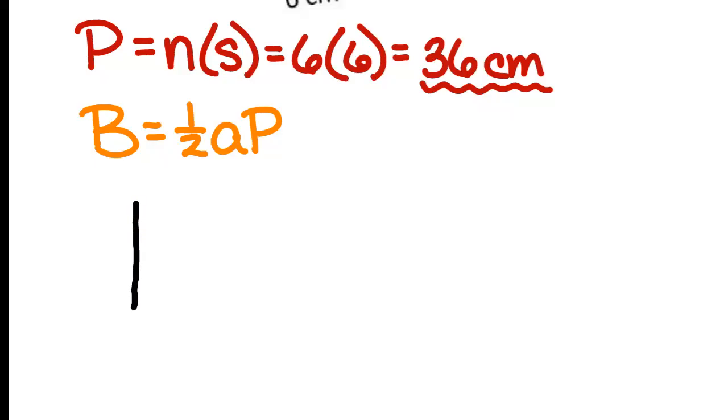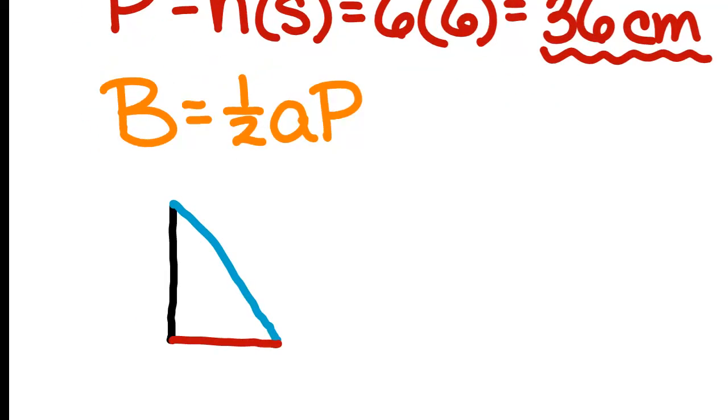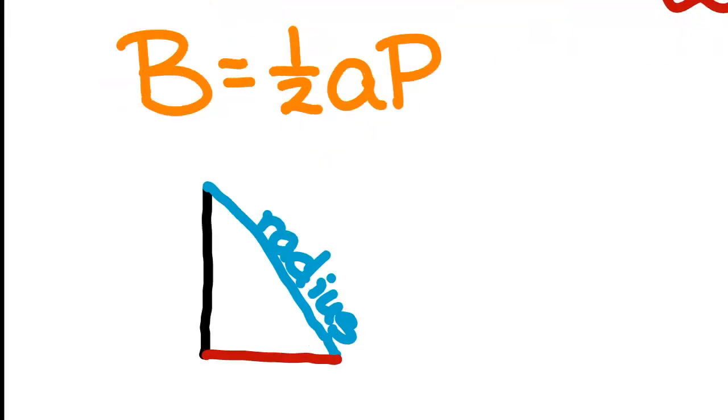So I have this, and this, and this. The blue line is my radius. The black line is the apothem.